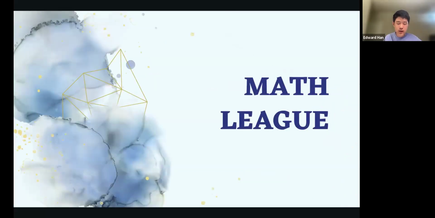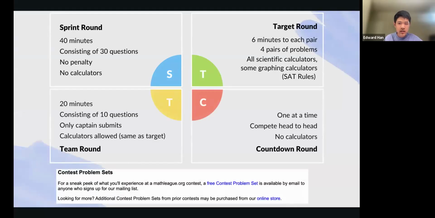So after that, I'll talk about the Math League competition, which we use for our Mathcounts competition. Like Mathcounts, it has 4 rounds. And so the countdown round, not many people will get into, and it's not very important. But all the other rounds are important. We will use the sprint and target round for your scores.